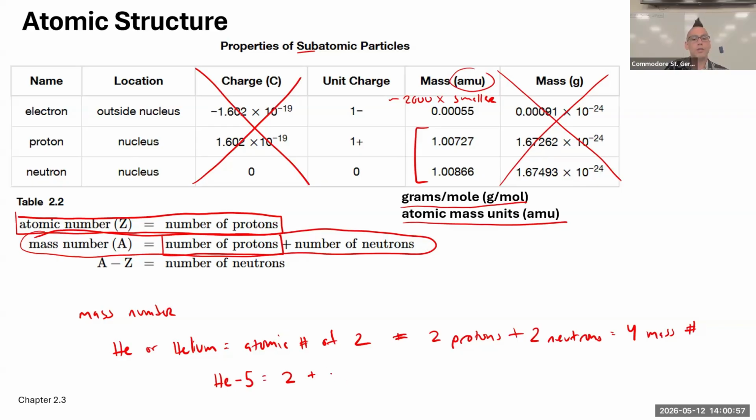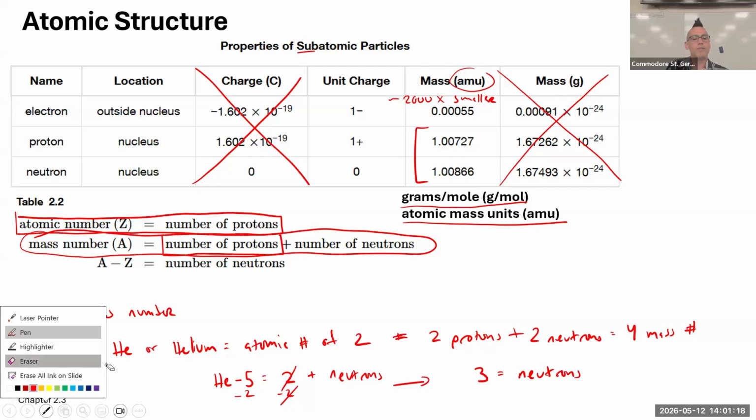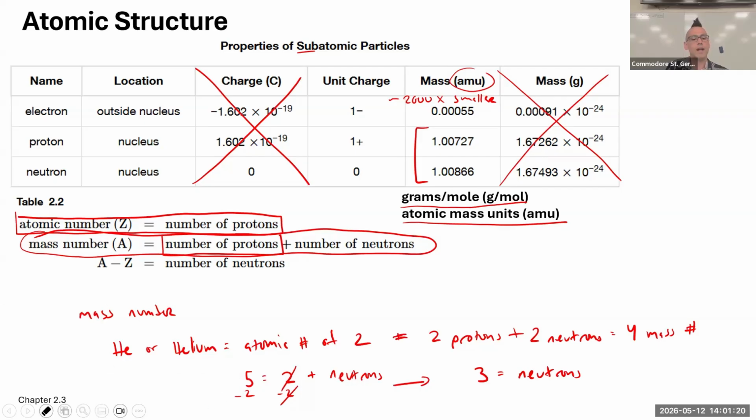So we'll say neutrons. So we're going to subtract 2 from both sides. So that becomes 3 equals the amount of neutrons, right? Because 2 cancels out and we just have a mass number of 5. I'll just put it in parentheses and say helium.